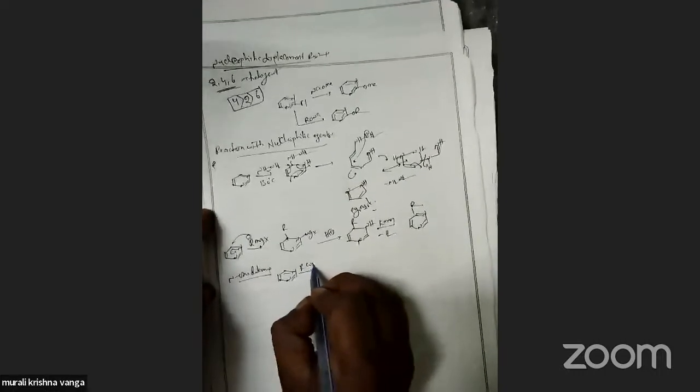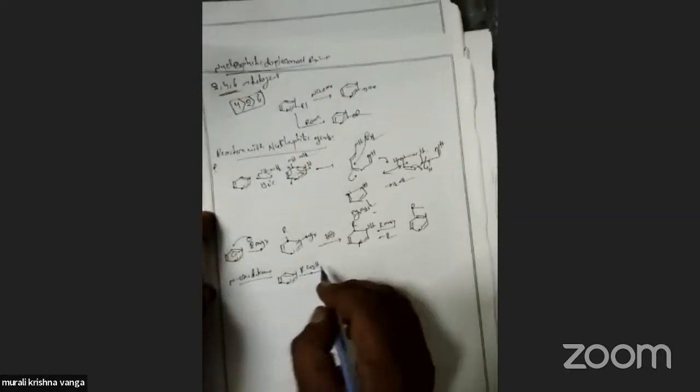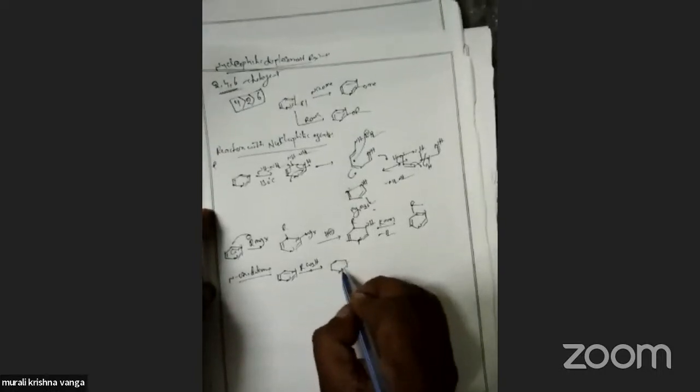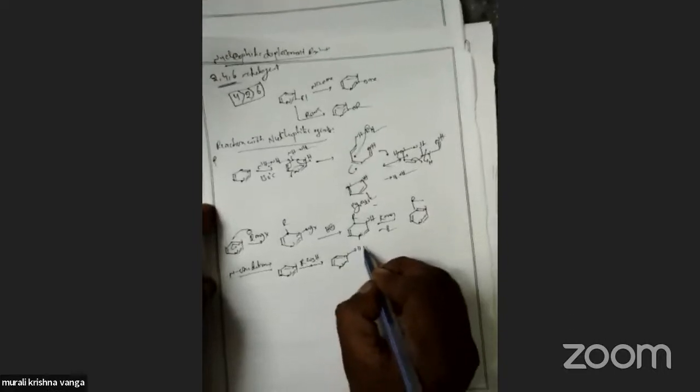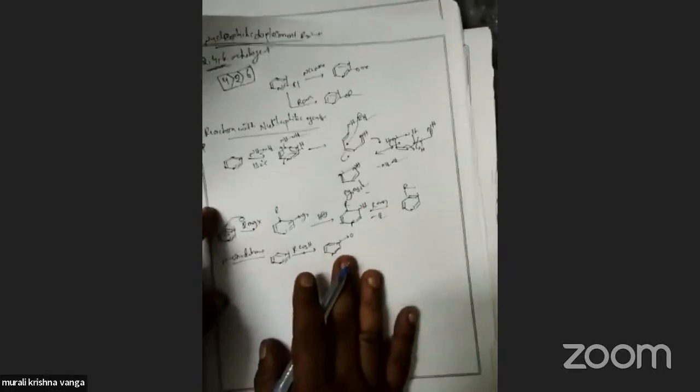Chemical oxidation, loss of hydrogen; the product is formed in oxidation. Pyrimidine reacting with peracetic acid, peracids, N-oxide formation takes place.